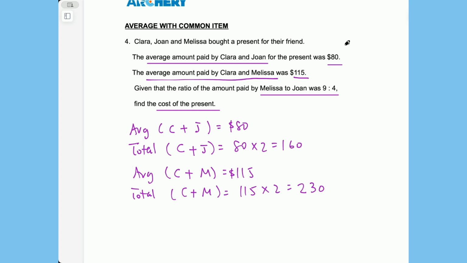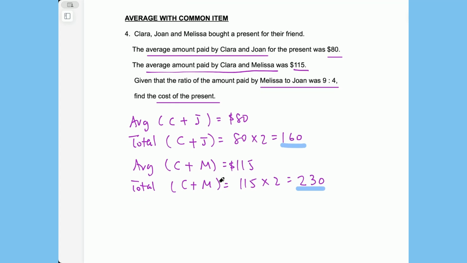Now, we have 160, which is the total of C and J, and the total of C and M is 230. So if we use 230 minus 160, what will we get?